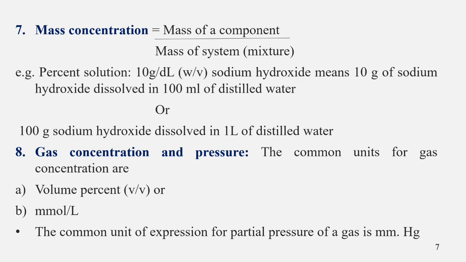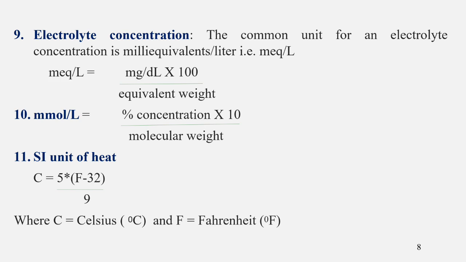Then gas concentration and pressure. The common units for gas concentrations are volume percent or millimoles per liter. The common unit of expression for partial pressure of gas is millimeters of mercury. Next, electrolyte concentration.